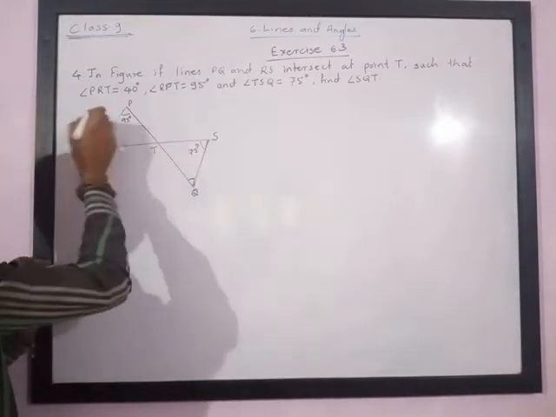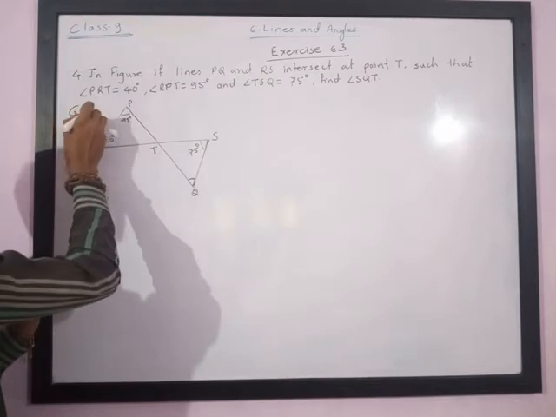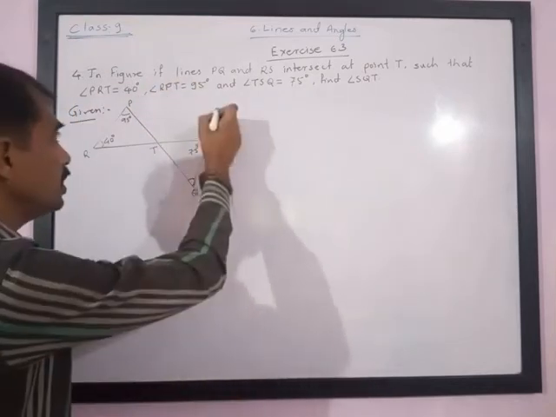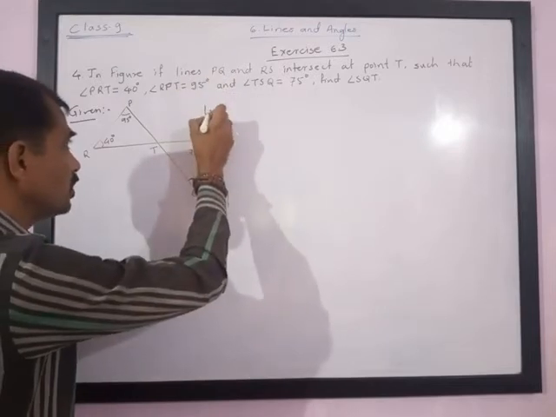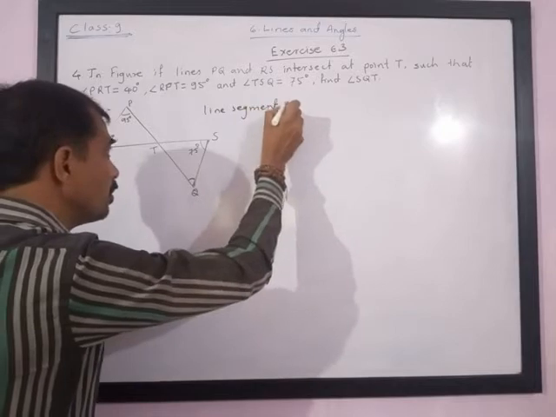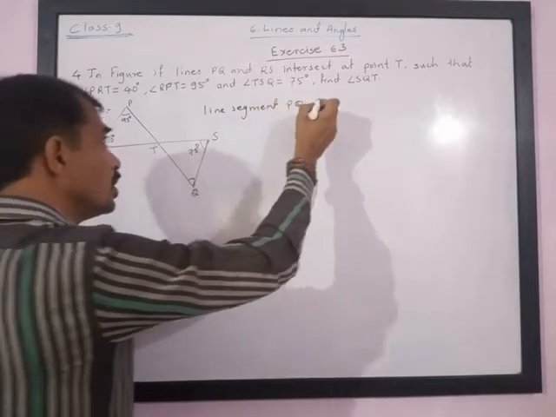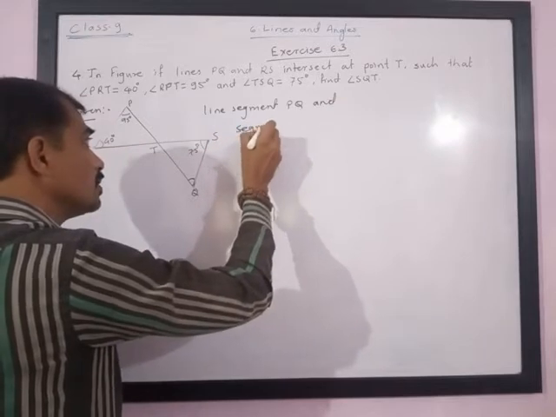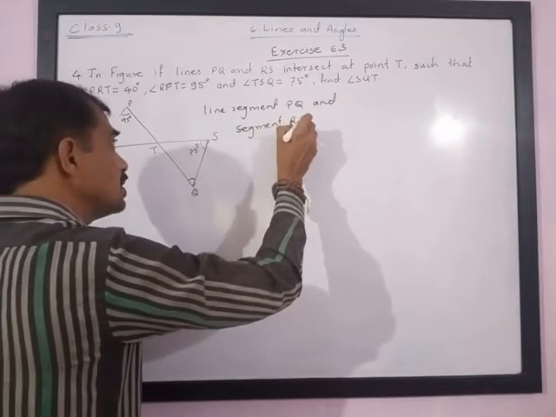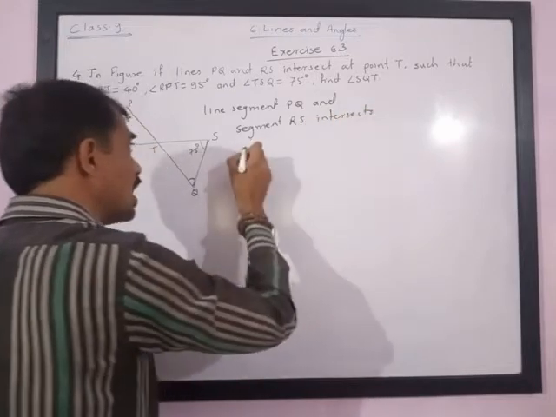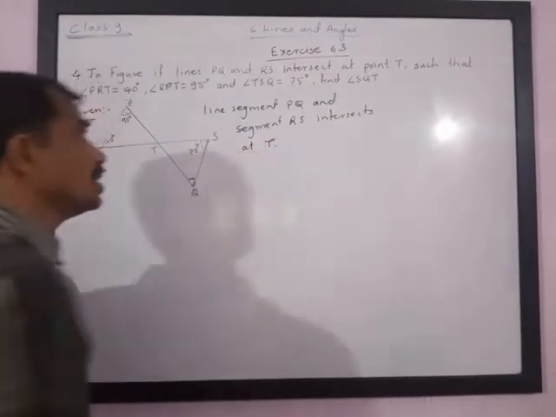So let's write the given things first. We are given the figure. Then we are given line segment PQ and segment RS intersect at T. This is given.